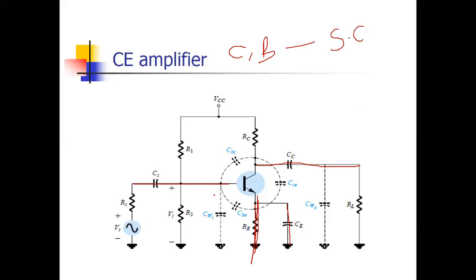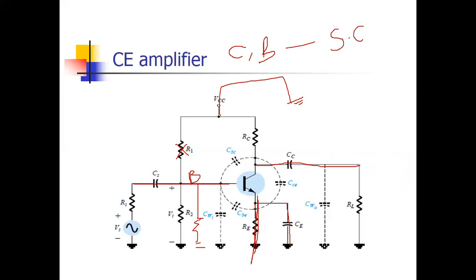First of all, for normal AC analysis, the DC supply is grounded and the capacitors are short circuit. These bypass and coupling capacitors are short circuit at high frequency, which we have learned. Now at this point, at the base, R1 is connected to ground and R2 is connected to ground. So we can cross this R1 and connect it here because both are in parallel.